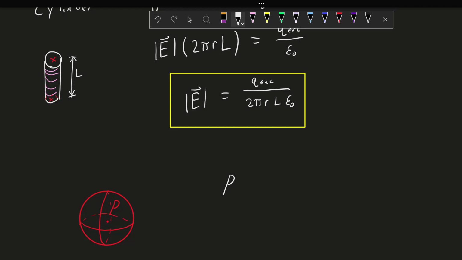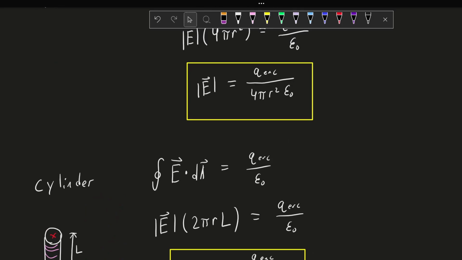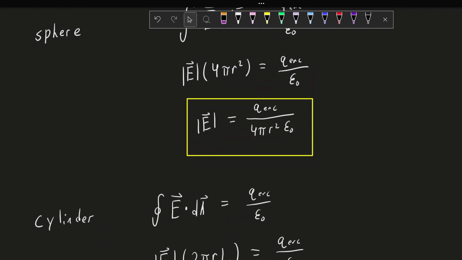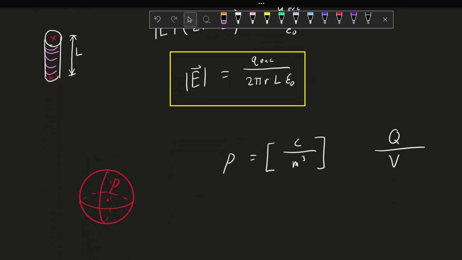So rho has units of coulombs per meter cubed. Basically, it represents the total charge divided by the volume. So this will be important for when we try to figure out the charge enclosed.